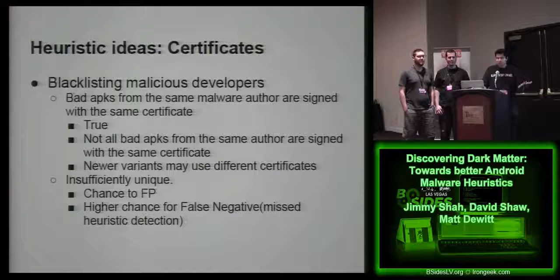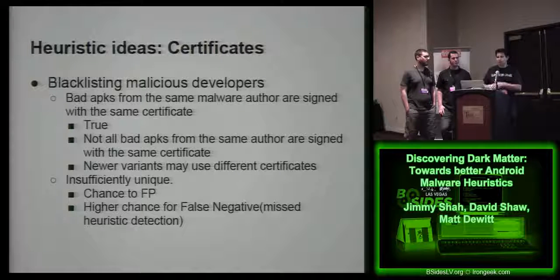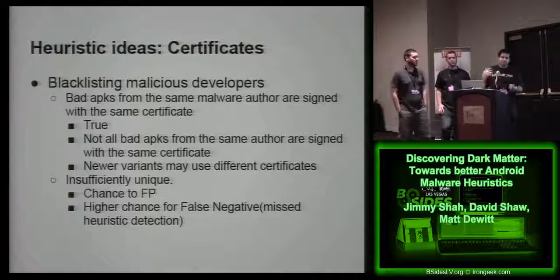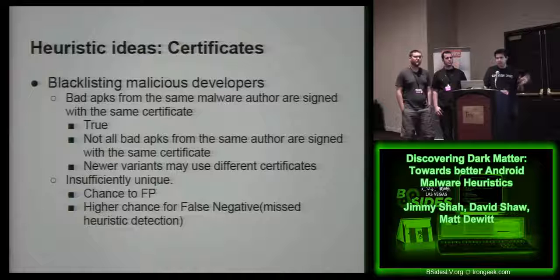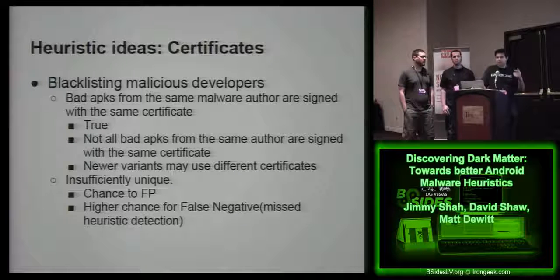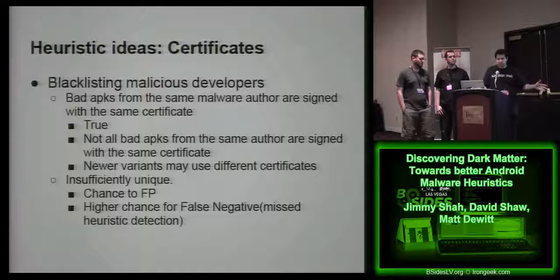The one catch, when we look at heuristics, is: what are the things that cause us to false positive on this? With certificates, they're good if the malware attacker is using the same certificate for writing like 100 different pieces of malware that do different things. They can do one, we're probably going to catch them and detect them, and then Google will detect it, and we'll blacklist that developer's account, and they're no longer making any more apps under that certificate.